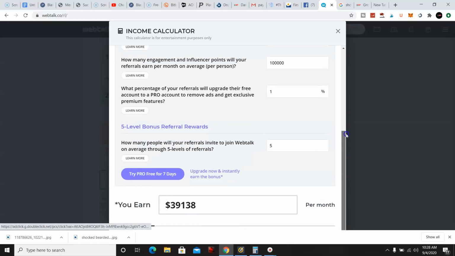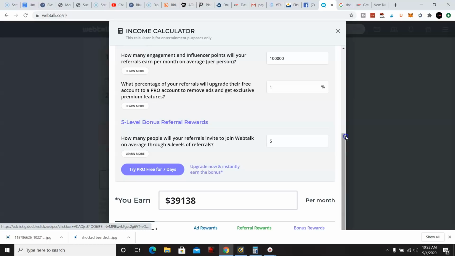Now you say, where's all the money coming from? So this program is a new platform. It's a combination of Facebook and LinkedIn. Say if LinkedIn and Facebook had a baby, this would be it.